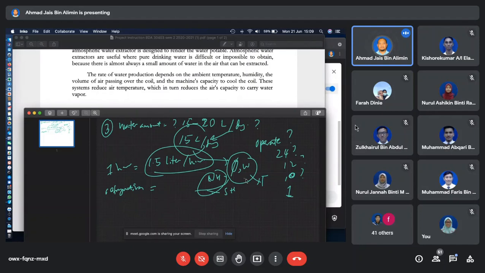By knowing this, you know which region has the most amount of water in the surrounding, and then you are using the refrigeration system. So what is the best system to produce this water? It's not that you produce the water by squeezing a lemon, or squeezing water out of a tree. You try to extract the water from the environment.